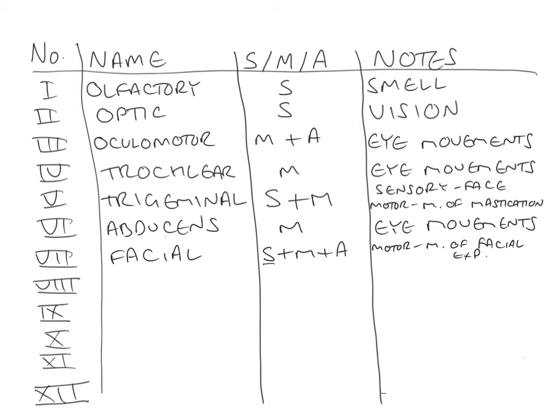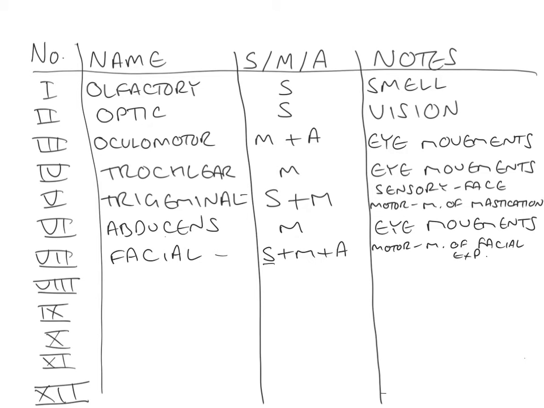And I really want to take this opportunity, and I'm going to be reminding you on multiple occasions in the future, don't get the facial and the trigeminal nerves mixed up. The trigeminal nerve, its motor component supplies muscles of mastication. The facial nerve, its motor component supplies muscles of facial expression. Don't get the two mixed up.